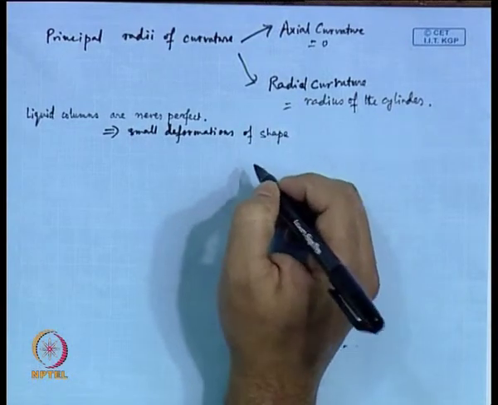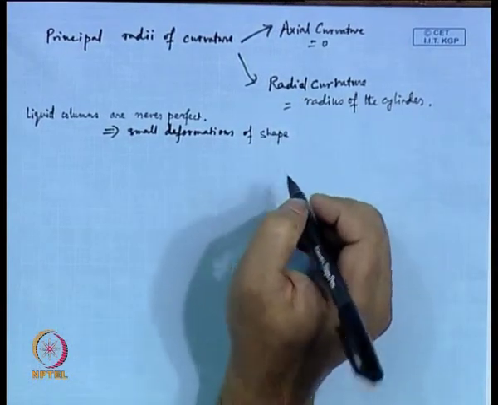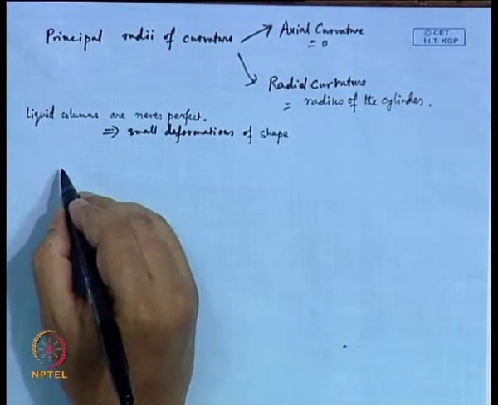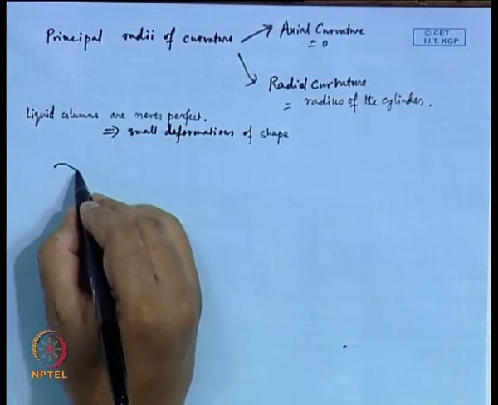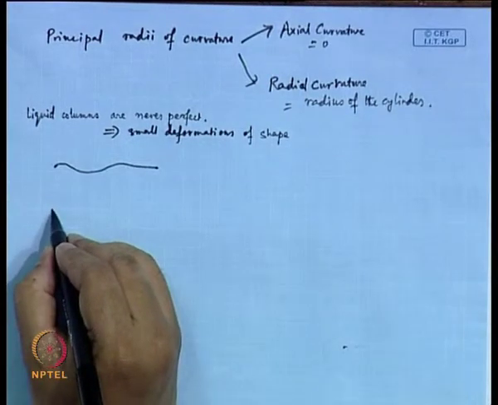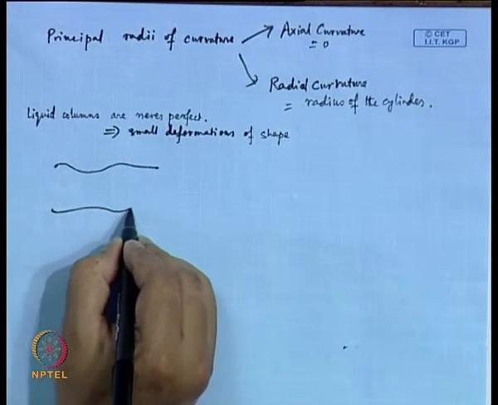So, if there are small deformations of shape, then instead of the cylinder, the wall of the cylinder will appear something like this.